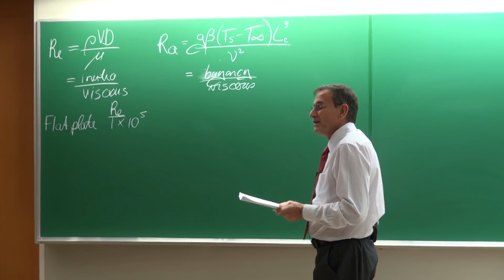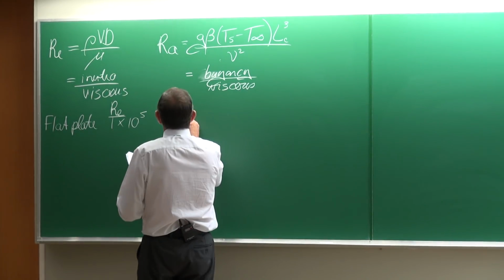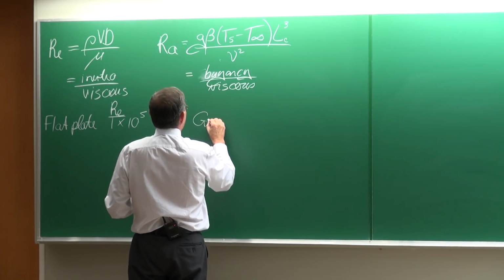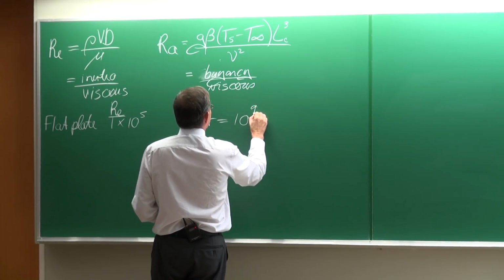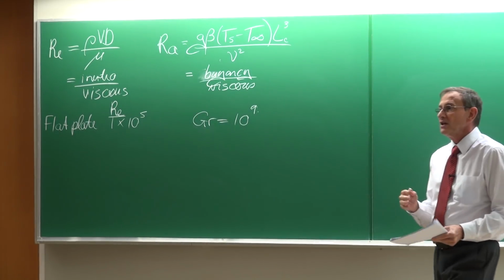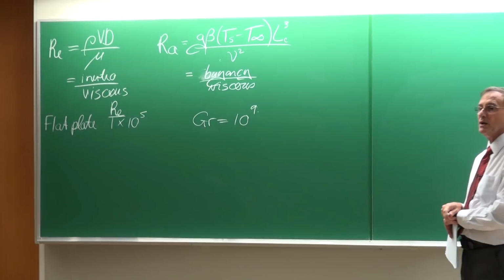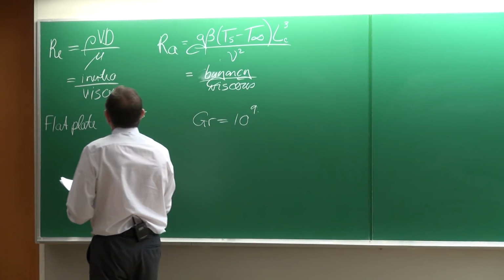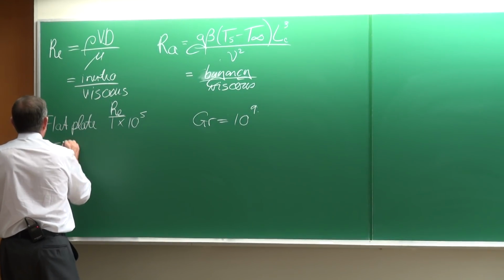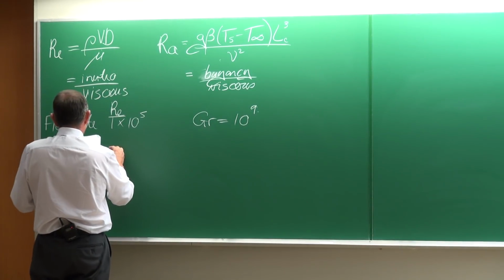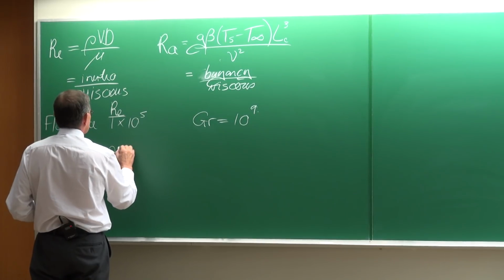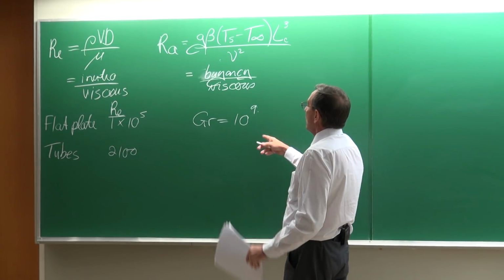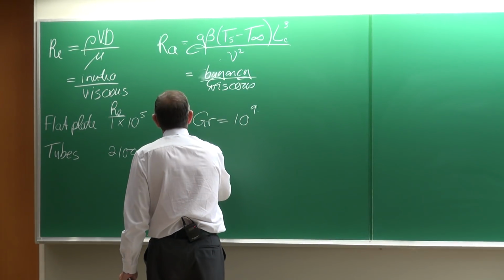For buoyancy type of problems, for a flat plate, the transition is at a Grashof number of 10 to the 9. If it's smaller than that, the flow would be laminar. More than that, it would be turbulent. In tubes, we know the Reynolds number is approximately 2,100, while for Rayleigh numbers it is more complex.